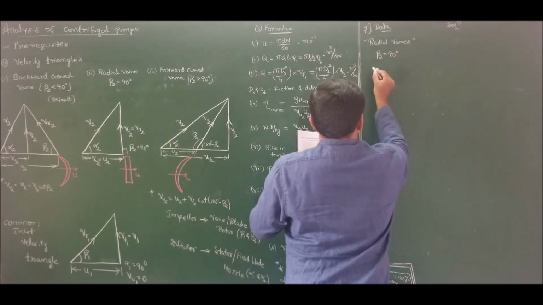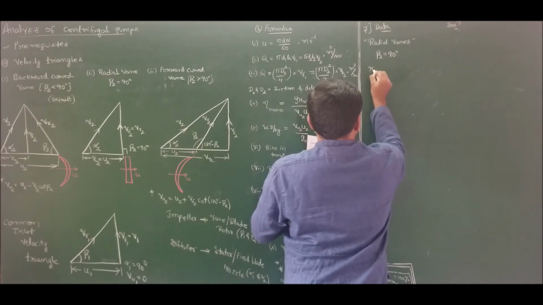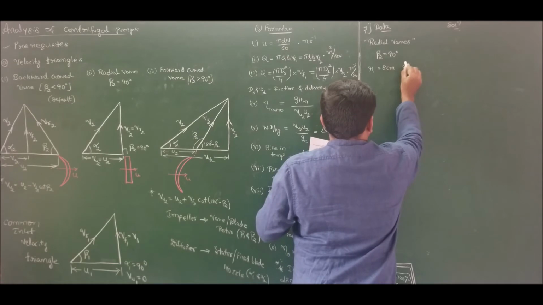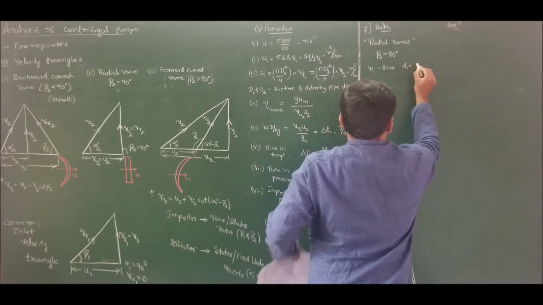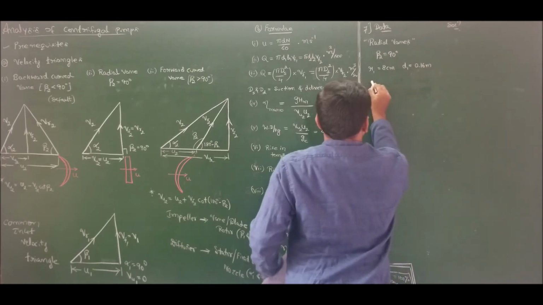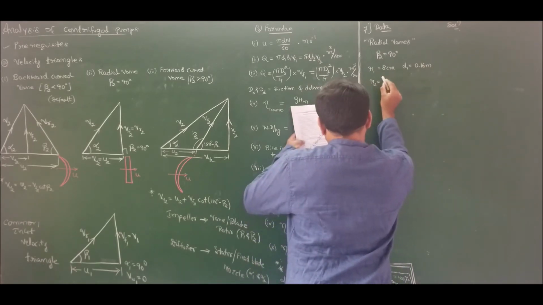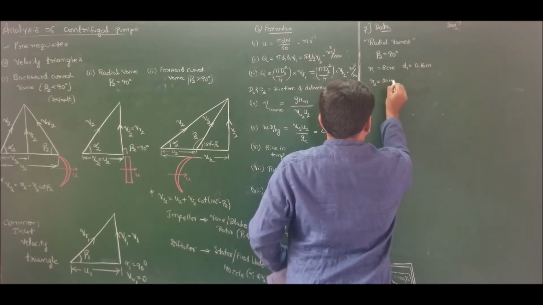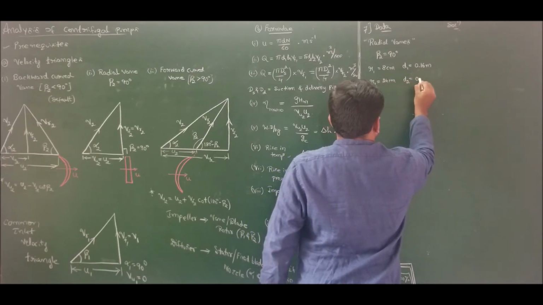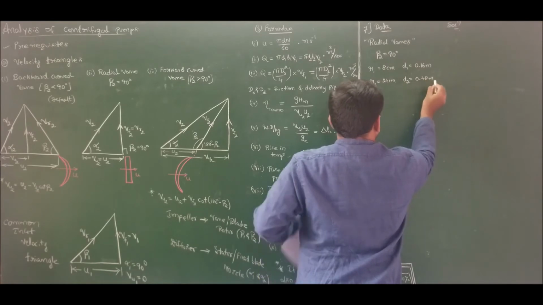Now he has specified the inner radius R1 as 8 centimeter, so D1 will become 16 centimeter, which is 0.16 meters, and R2 is 24 centimeters, so D2 is 48 centimeter, which is 0.48 meters.